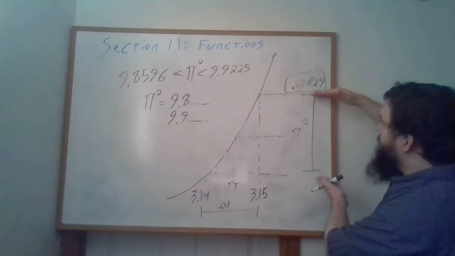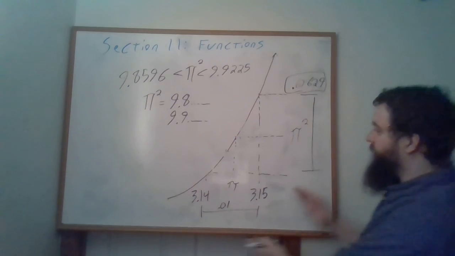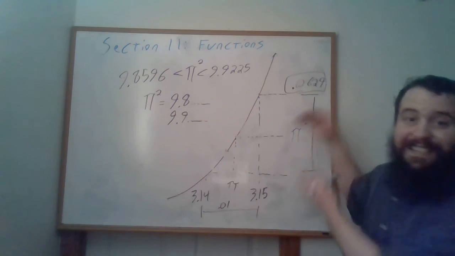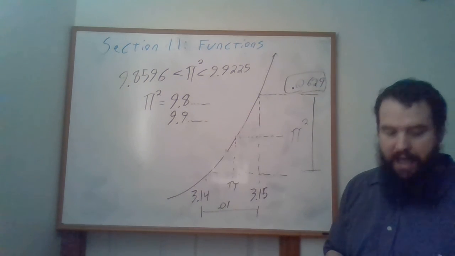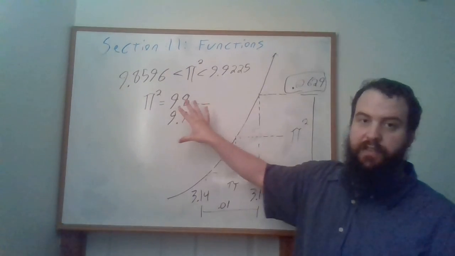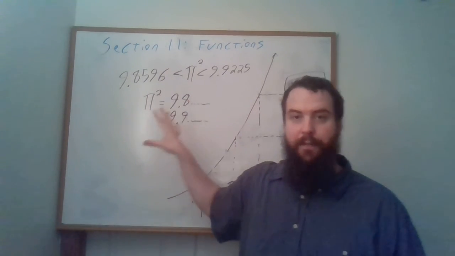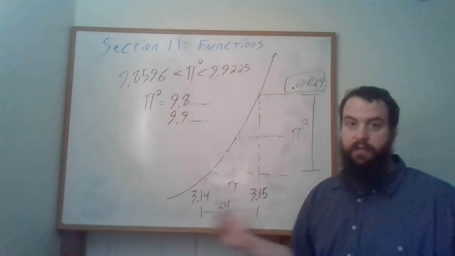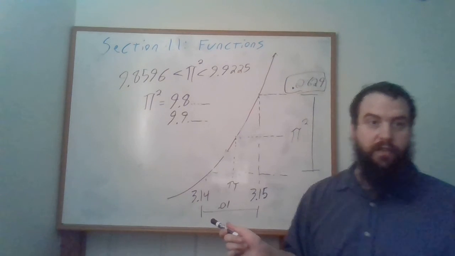This distance here is much bigger than this range here, and we kind of saw that in the sketch here, but it's 6 times as big, and that's why we didn't get as much information as we might like out of squaring pi when we just use these lesser approximations.